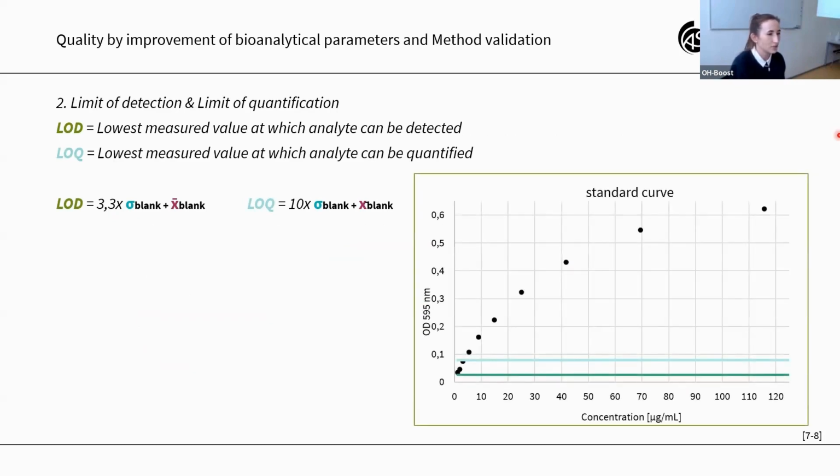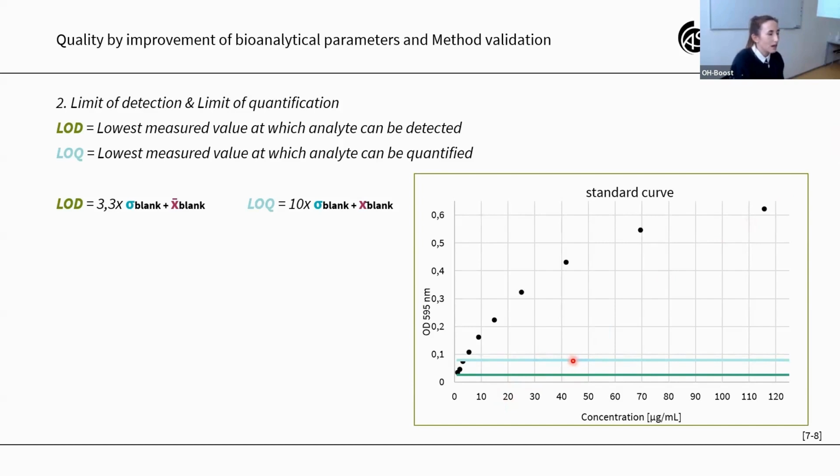And in this graph, you can see what that means. The green line is the LOD. So every measured value that is higher than the LOD can be detected, and every measured value that is higher than the light blue line can be quantified.